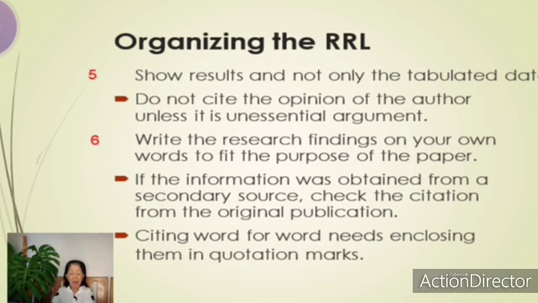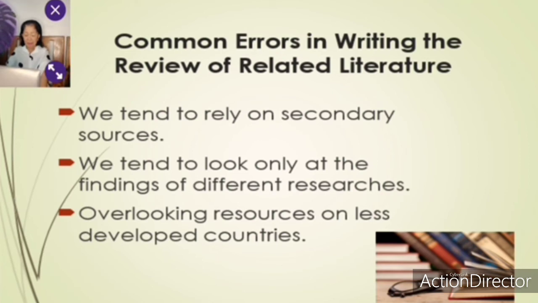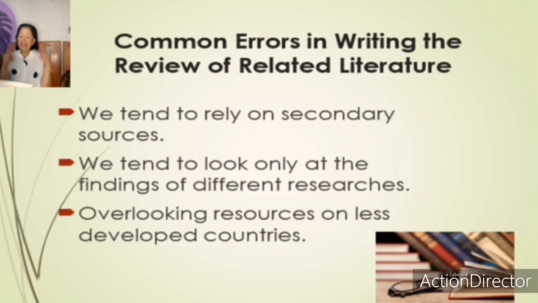There are common errors observed in writing the RRL. Researchers tend to rely on secondary sources. Why? Because they are lazy, and that is what is there, so they use the secondary sources. There's a tendency to look only at the findings of different researchers.